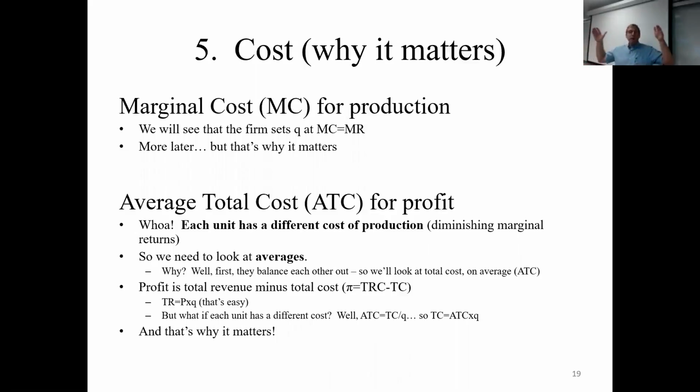So on average, we had 100 sandwiches, and our total cost that day was, say for the sake of argument, $20 of production. So the average total cost per sandwich was going to be $5, even if some cost more and some cost less. Now we know the average. Now we're able to calculate the total cost because each sandwich had a different cost, and then we can balance that out with the revenue. That's just a sneak preview.